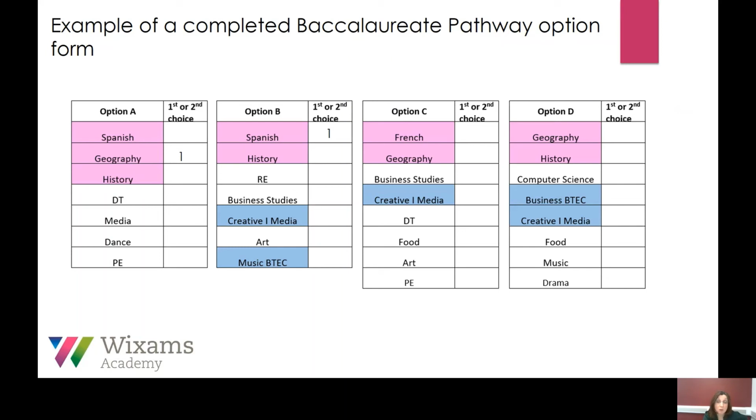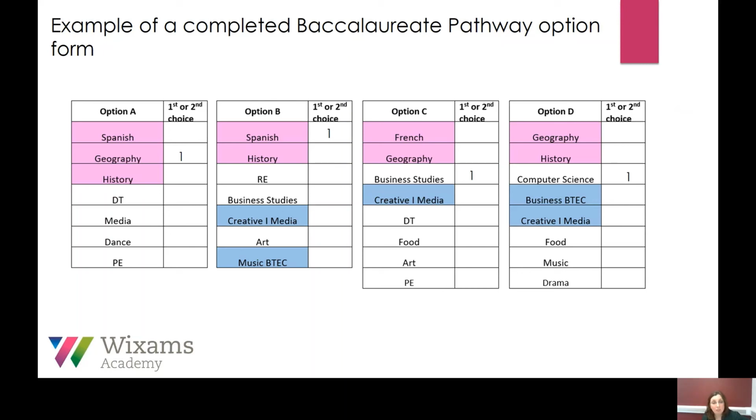Now you may go on and decide that you want to study French as well, so put a 1 in the next column for French, or you may want to study history as well, so put a 1 next to history. That doesn't matter. But the next 2 course subjects that you choose, let's say it was business studies or computer science, are the subjects that you're choosing as your first choice in those different blocks.